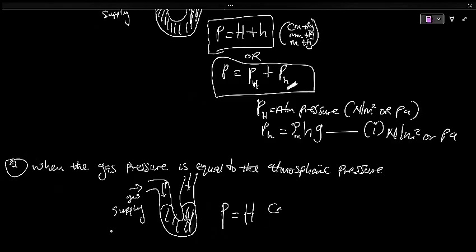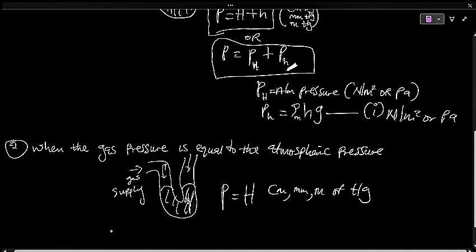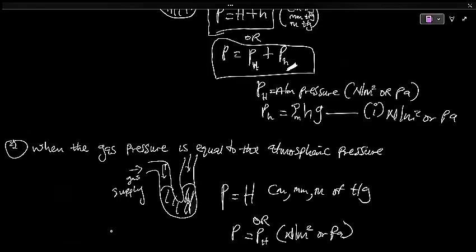Remember, this is in terms of centimeter, millimeter, or meters of mercury. Or P is equal to P of H in terms of Newton per meter squared or Pascal.